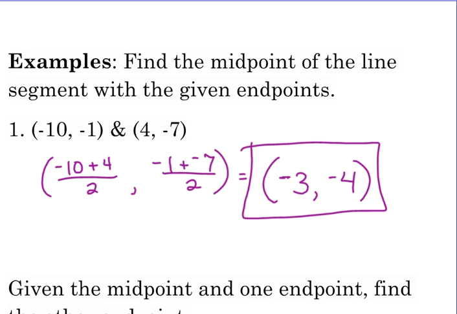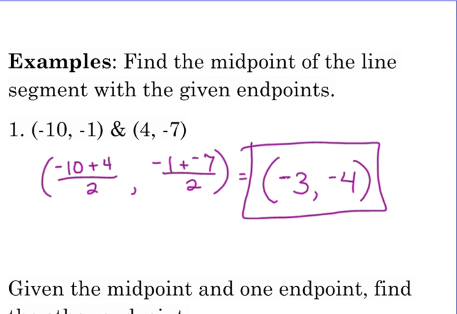So in the context of a circle problem, where midpoint may come up is they may say, here are the endpoints of your diameter. Okay, the endpoints of the diameter are at negative 10, negative 1, and 4, negative 7. What would be the midpoint in a circle if those 2 points are the endpoints of the diameter? What would be the point in the middle of that diameter?